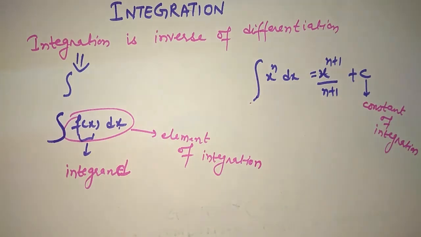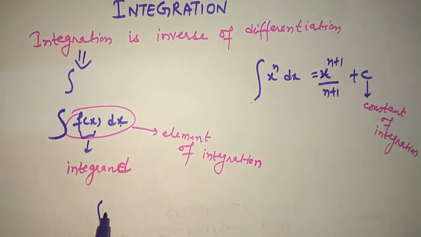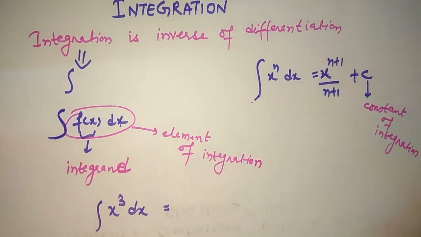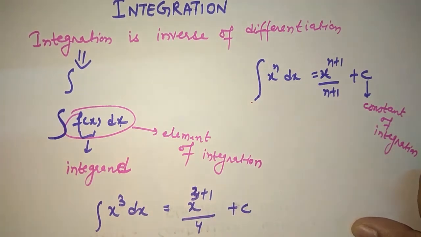So let's see the integration part with an example. That is, if I want to find the integration of, say, x cube, then we have integration of x cube as x raised to power 3 plus 1, because we have to increase the exponent by 1, and denominator is 3 plus 1 as 4, plus c.